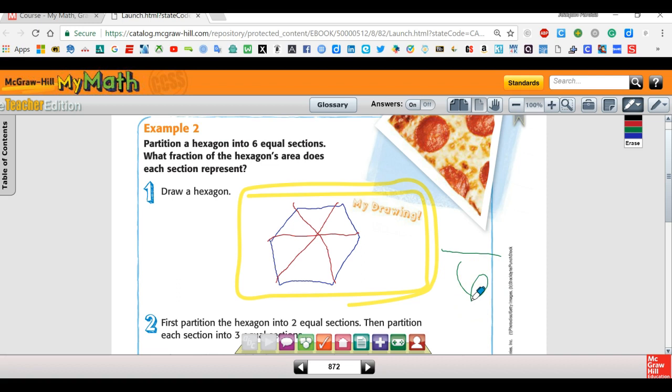So what would be my fraction for each one of those? 1/6. So this section is 1/6, this is 1/6, this section is 1/6, this section is 1/6, and this section is 1/6. Altogether, they make 6/6, or 1.